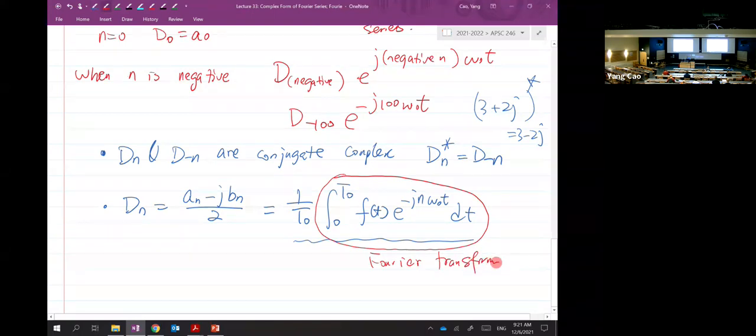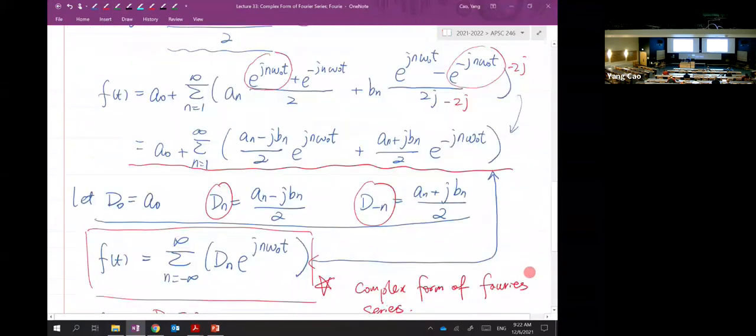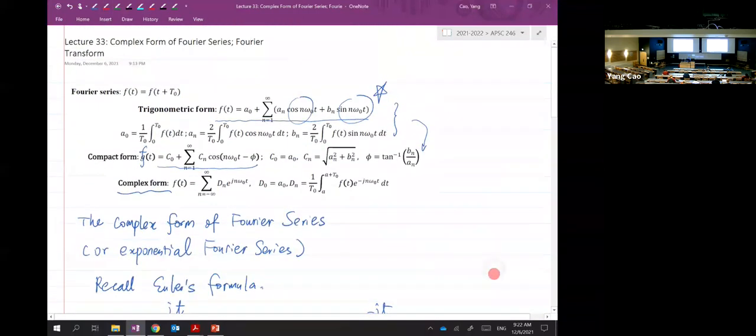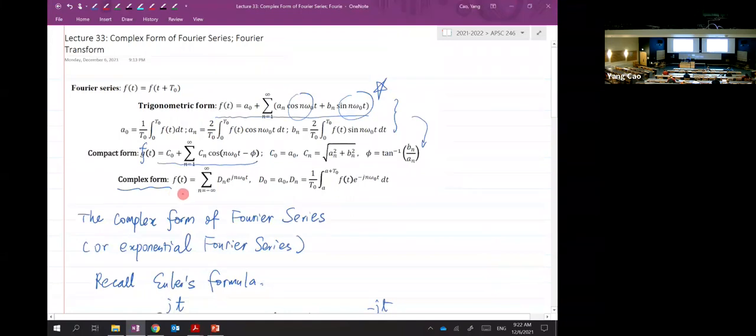It's not quite exactly the same, the limits will be a little different, but what's over here is essentially the format of a Fourier transform. We'll come to that. So overall, if I go back to the beginning of the formula sheet, if there's a complex form, then this is the formula: this is how you calculate d naught, and this is how you calculate dn. And that's about it.